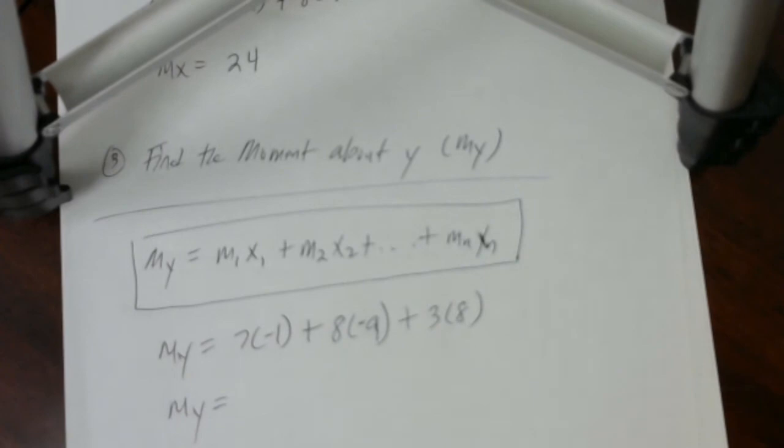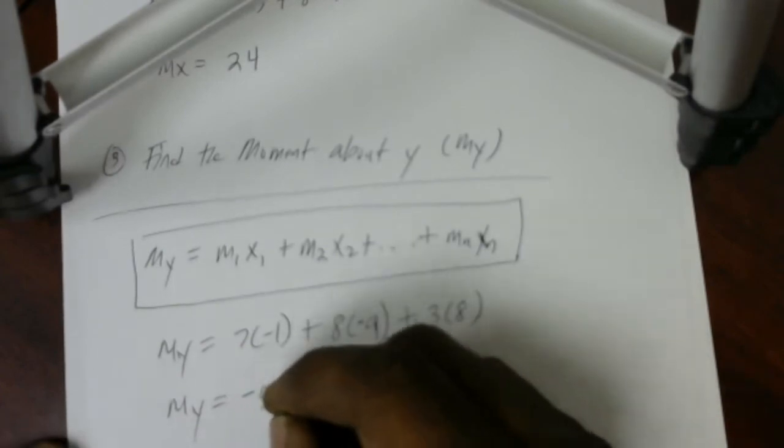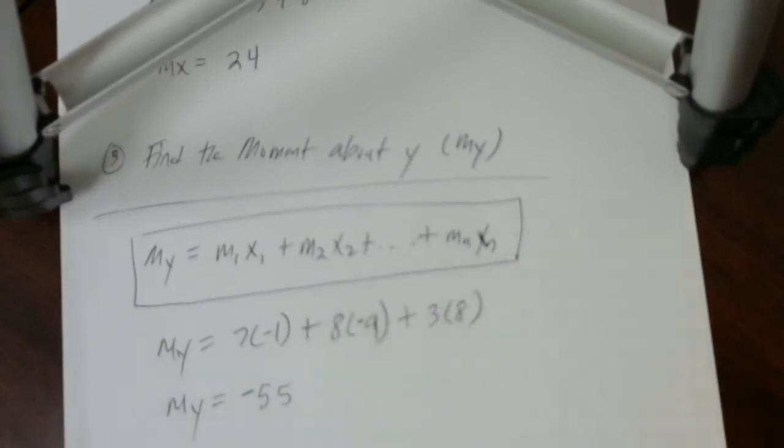So the moment about y is, so that's -7 minus 72 plus 24 is -55.